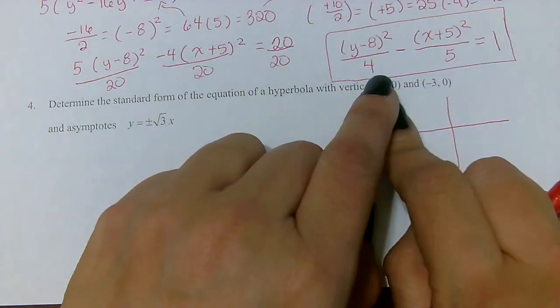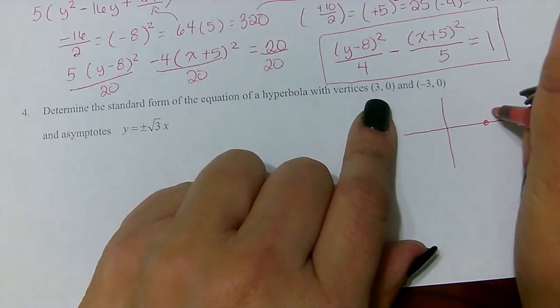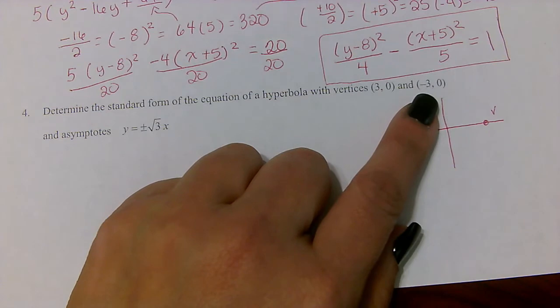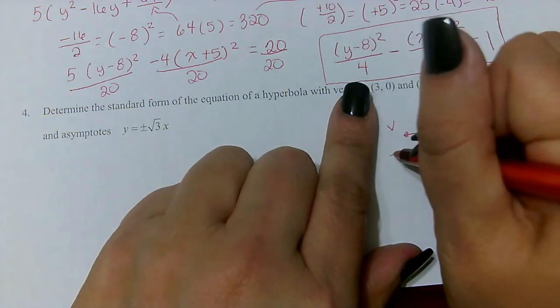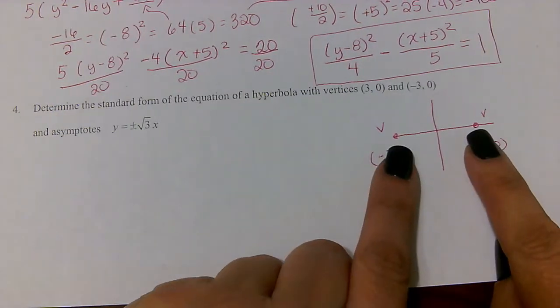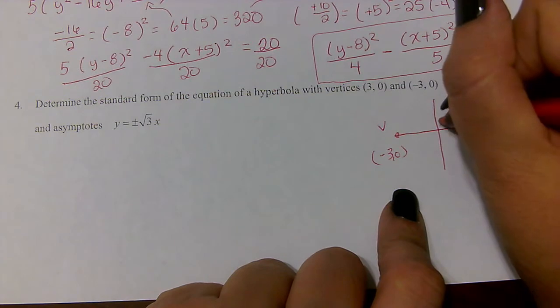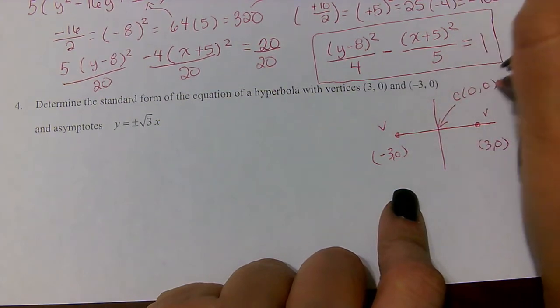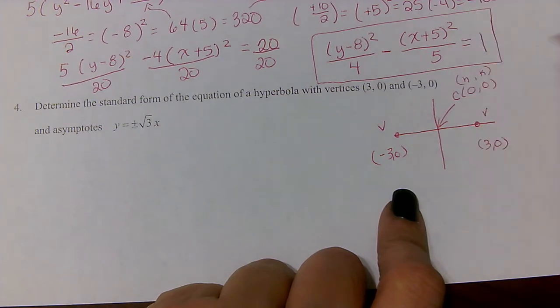It says it's going to be at (3, 0), so I'm going forward 3, and I'm going to label that V. I also have a negative 3, and I'm going to label that V as well. I can easily determine that the center is at (0, 0). So C is going to be (0, 0), which means h is 0 and k is also 0.